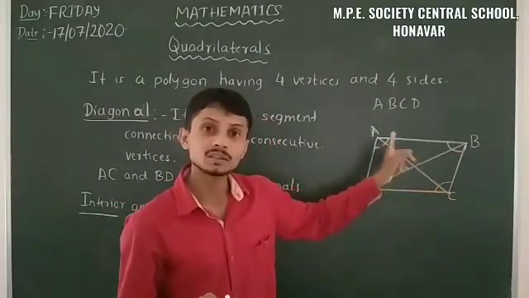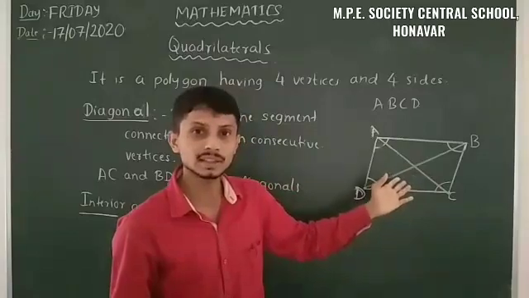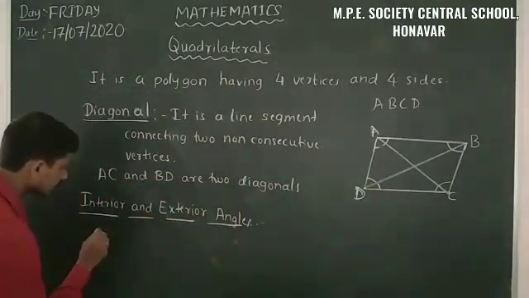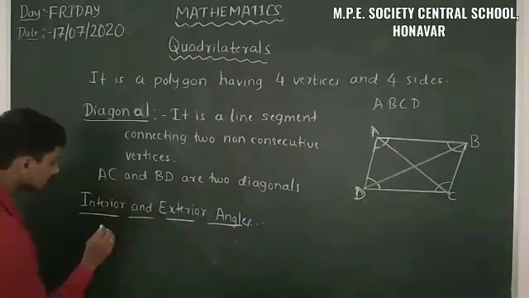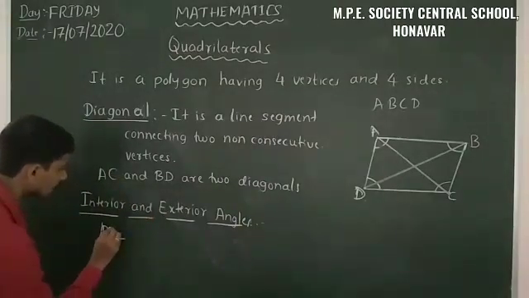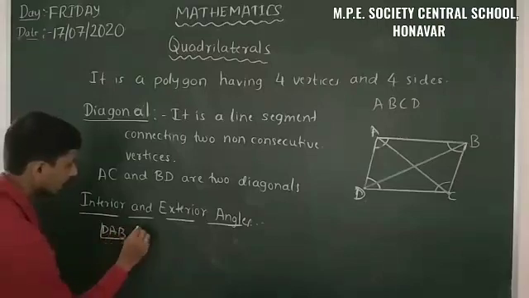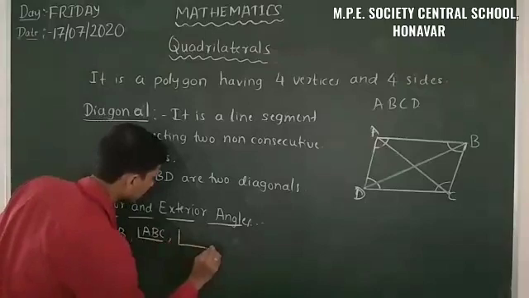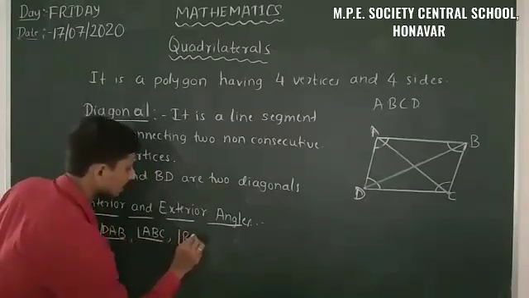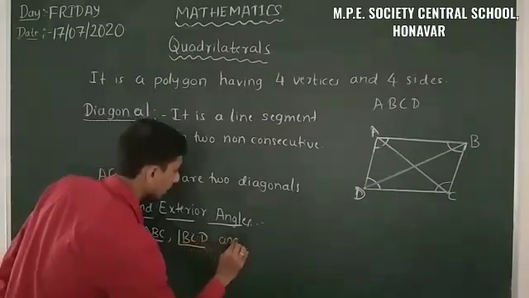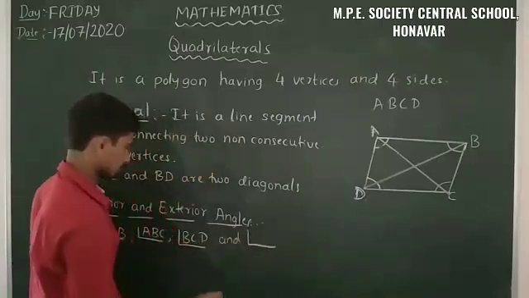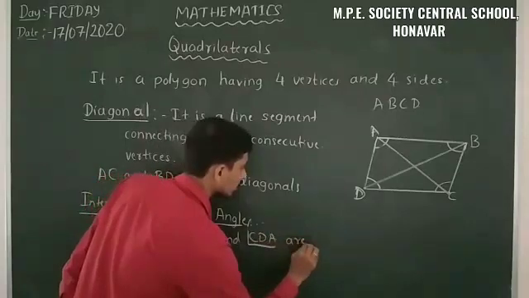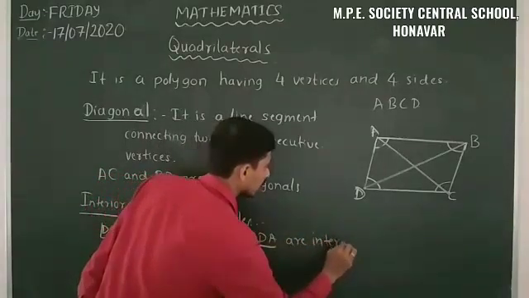In this figure, how many interior angles are there? So four interior angles are there here. Yes. What are the interior angles here? Angle DAB and ABC and BCD and angle CDA are the interior angles.